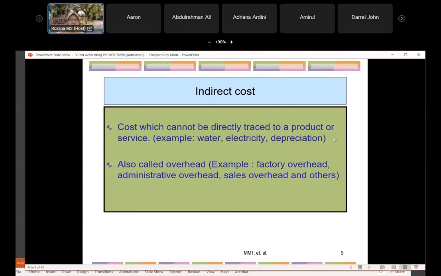Depreciation will be discussed many times later in financial accounting. Also called overhead. For example, factory overhead, administrative overhead, sales overhead, and others.